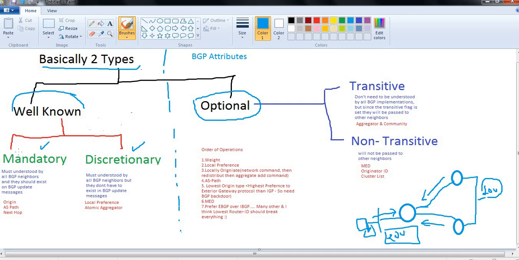For example, let's say I'm running some mandatory attribute between these three routers. All three routers should understand this attribute, and whenever a packet is sent between them, they should send this attribute in that packet.